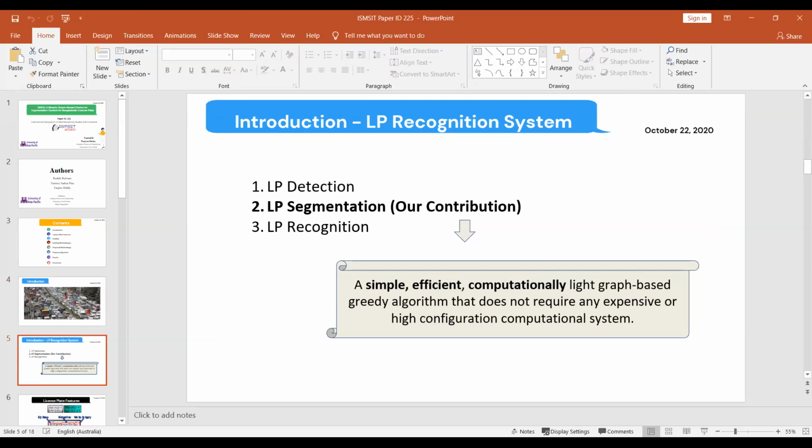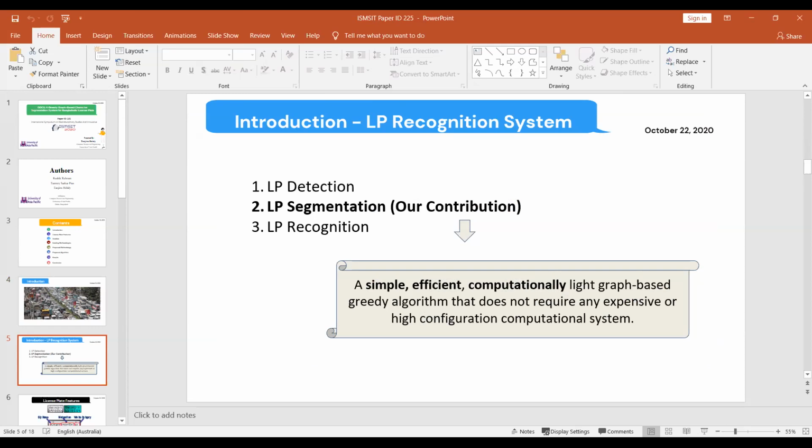A license plate recognition system consists of three phases. The first one is license plate detection, which locates the license plate in an image, then license plate segmentation, which separates out the characters in the license plate, and then license plate recognition, which is the final step. Here we recognize the characters in the license plate.